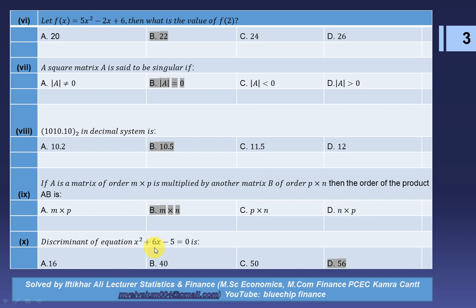Discriminant is equal to b square minus 4ac. So A is 1, B is 6, and C is minus 5. So simply put these three figures into b square minus 4ac, and that result will be the discriminant of that equation.